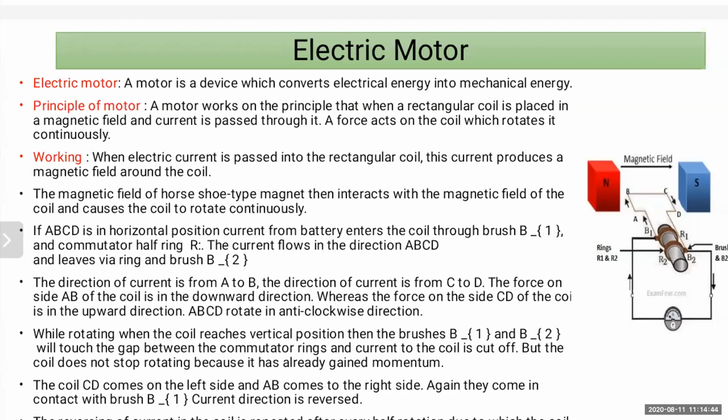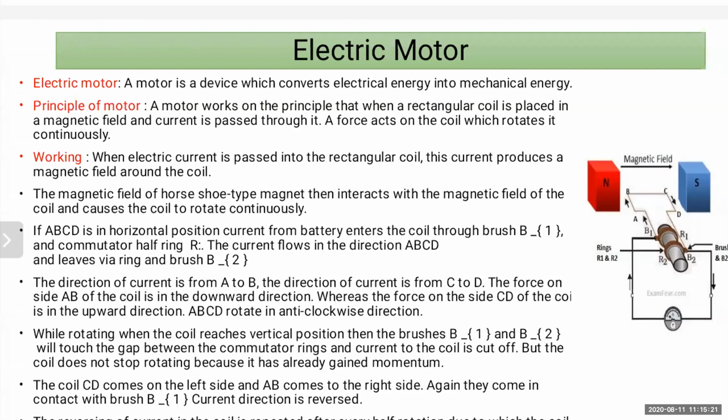When the magnetic field is there and the current is passed through it, a force acts on the coil which rotates it continuously. So write down the principle: an electric motor works on the principle that a current carrying conductor placed in a magnetic field experiences a force.